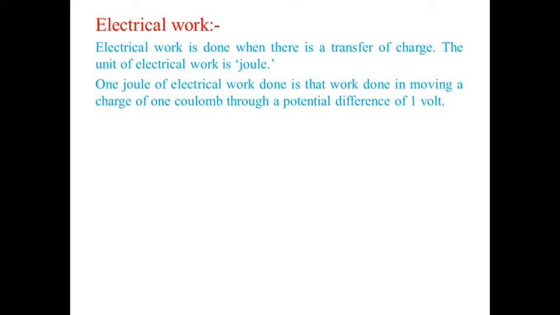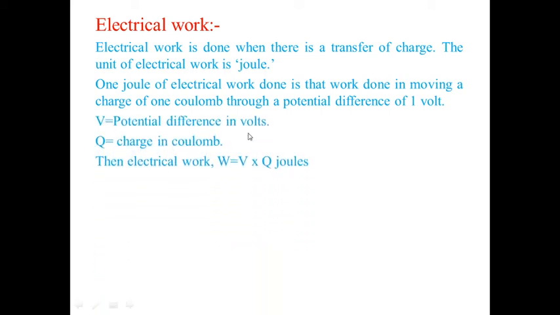According to the definition, let V be the potential difference in volts and Q the charge in coulombs, then electrical work W is equal to V into Q joules. So, electrical work is the product of potential difference in volts and charge in coulombs.